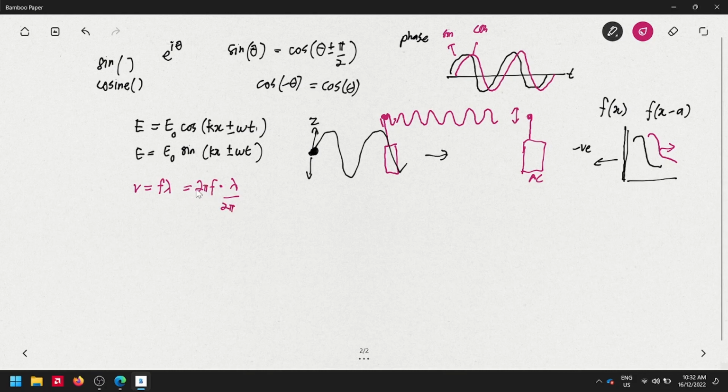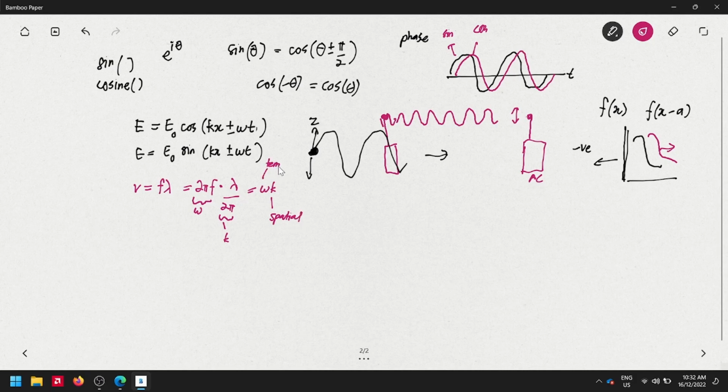So the 2 pi and 2 pi at the bottom will cancel off. And then eventually I have my temporal wave number, omega, and this is my spatial wave number, k. W and k, spatial.